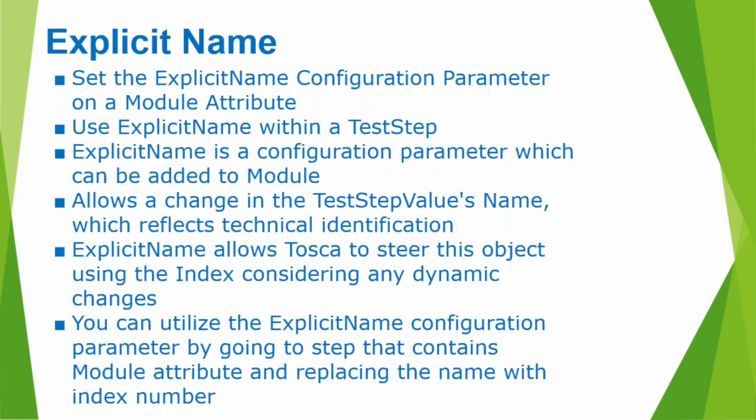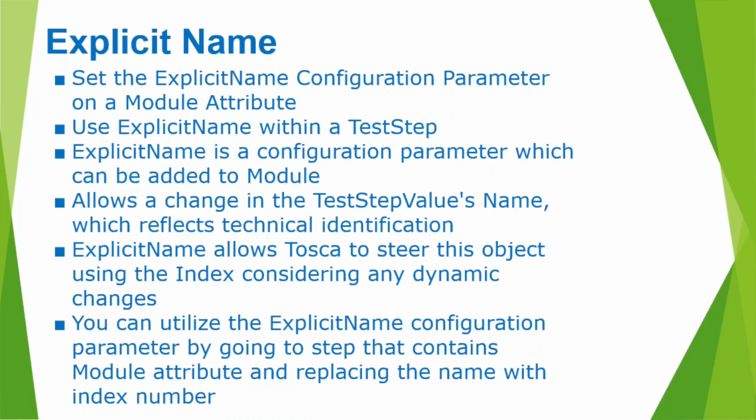Our next concept is explicit name. In this lesson, I'm going to teach you how to set the explicit name configuration parameter on a module attribute, and how to use this explicit name within a test step.